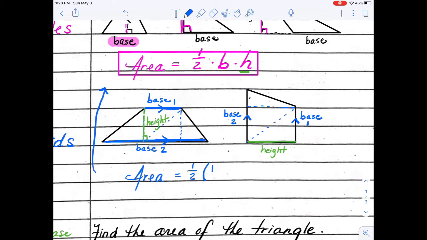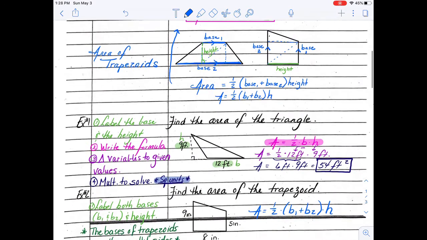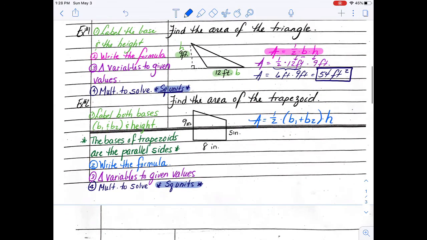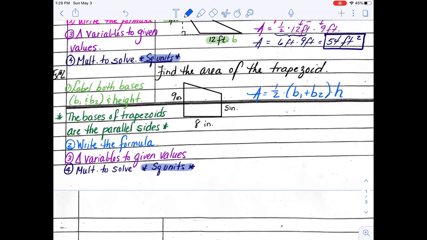So we're going to take base 1 and add base 2 together, get that sum, and then multiply it by my height. So area is going to be 1/2 (base 1 plus base 2) times that height. And that's how we find out the area of the room inside the figure, how many square units it would take.